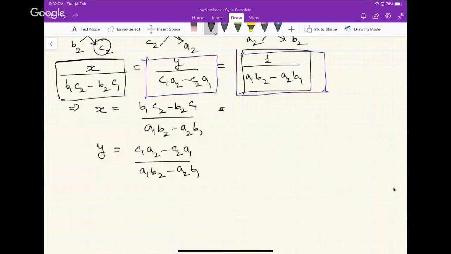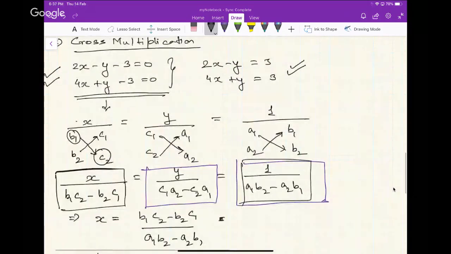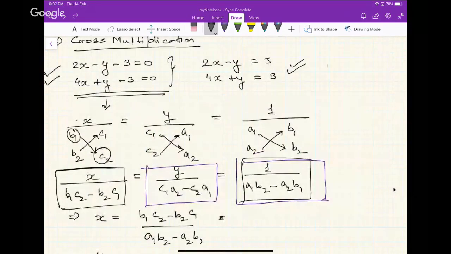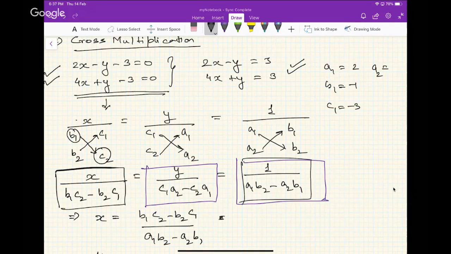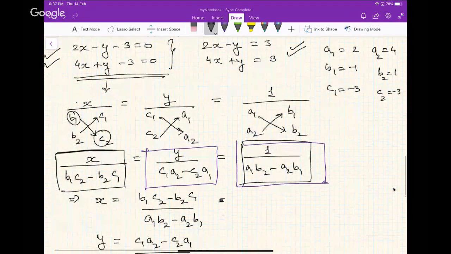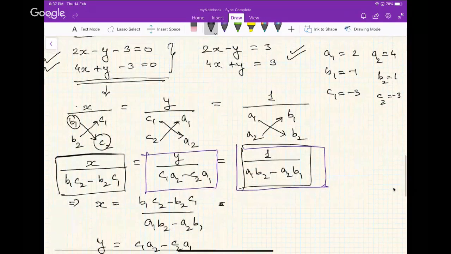So the two equations were these. Clearly our a1 is equal to 2, b1 equals -1, and c1 equals -3. A2 similarly equals 4, b2 equals 1, and c2 equals -3. So let us deploy these values here.